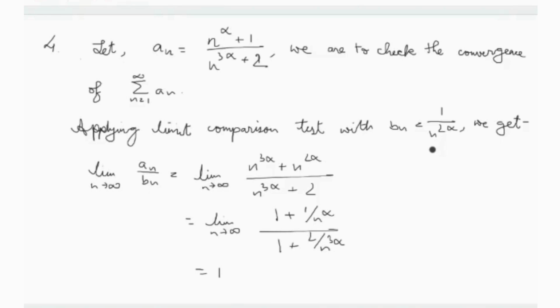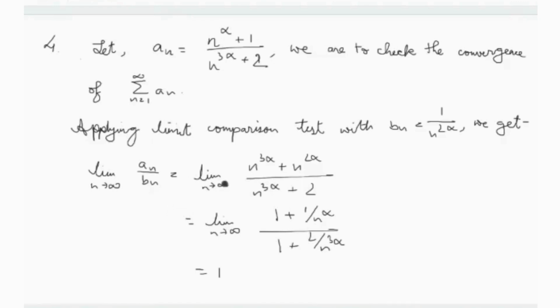See, when we have a_n by b_n, we basically obtain the form n to the power 3 alpha plus n to the power 2 alpha by n to the power 3 alpha plus 2. If we divide the numerator and denominator by n to the power 3 alpha, we get a finite limit of a_n by b_n. So for the sake of the finite limit, we are designing it in this way.